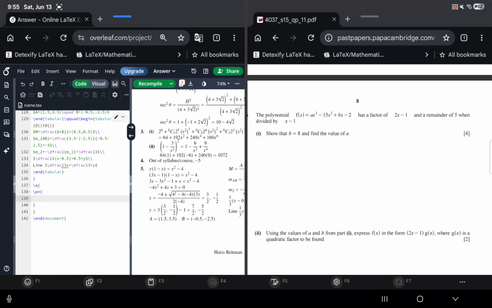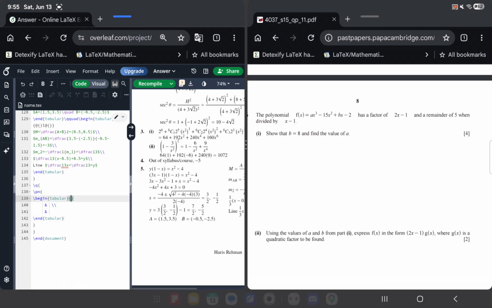So it has the factor 2x minus 1, meaning it has the factor x minus a half. If we do synthetic division of a half, we get a 0 value at the end. So let's do this in a tabular form.